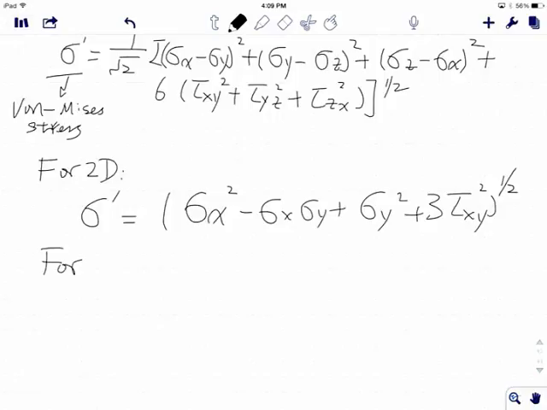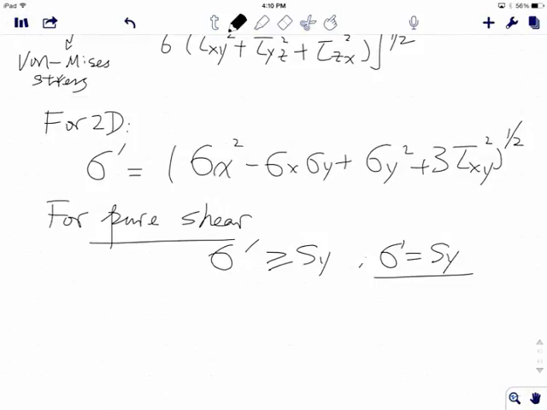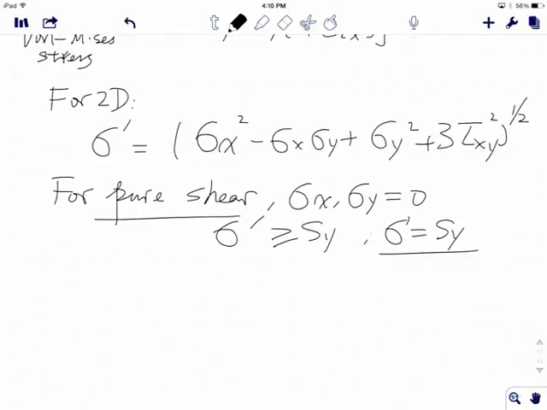All right. So what if you have pure shear stress? Now, don't forget for von Mises stress, or for the distortion energy, we are comparing this. This is our criteria, right? If your von Mises stress is equal to Sy, that's the critical point for failure to happen, right? So if you have pure shear, in other words, sigma x and sigma y are all 0, all you have is your shear stress.